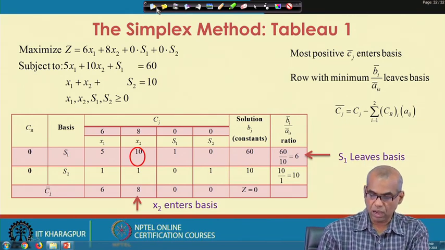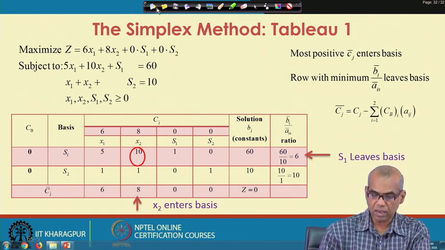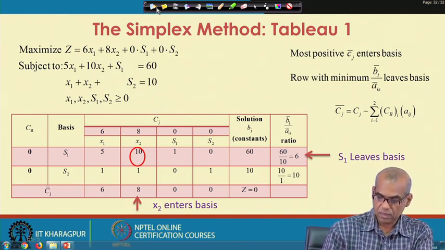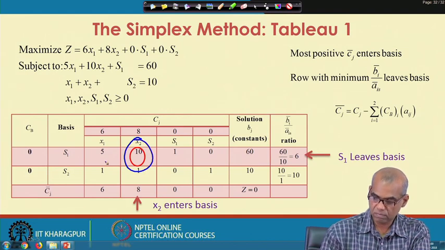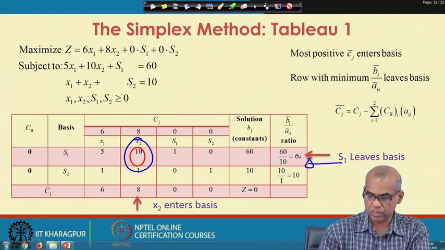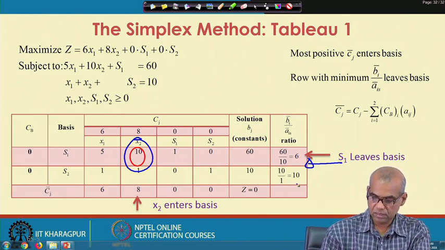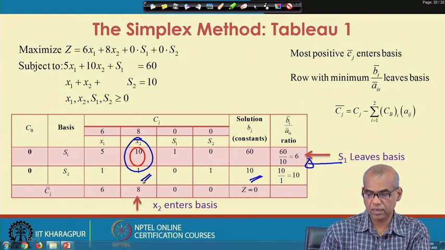So, Bi bar divided by Ais bar are calculated as 60 by 10 is 6 and 10 by 1 as 10.